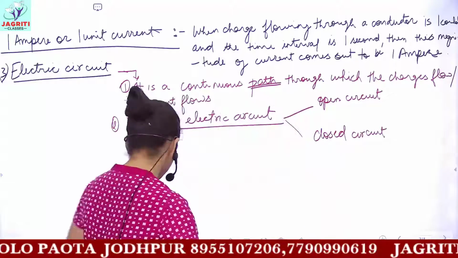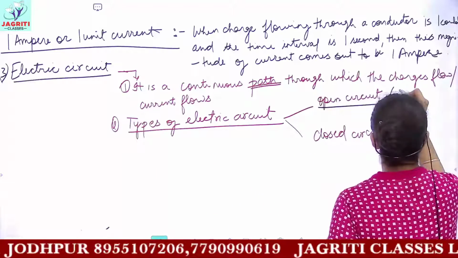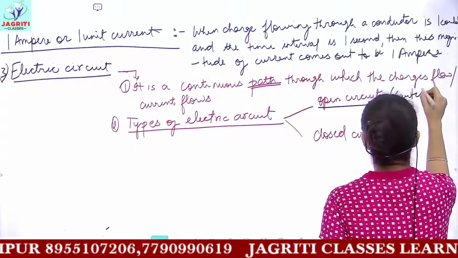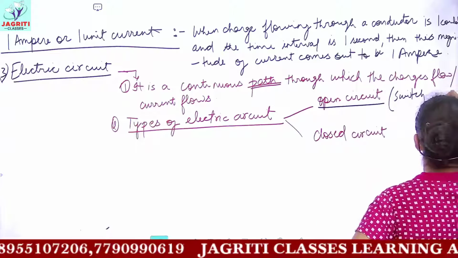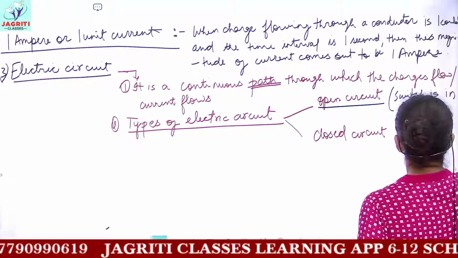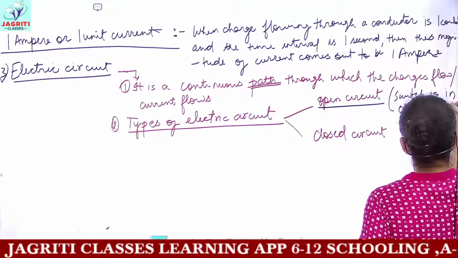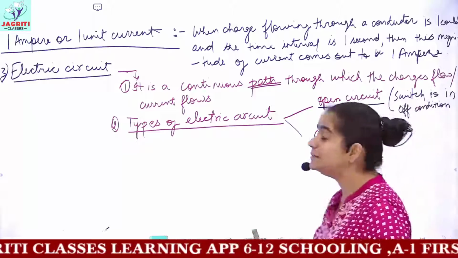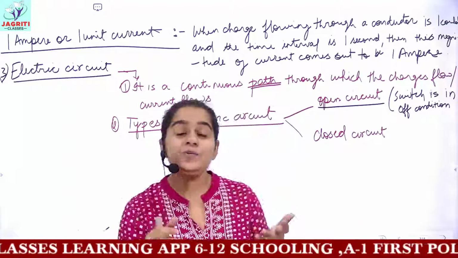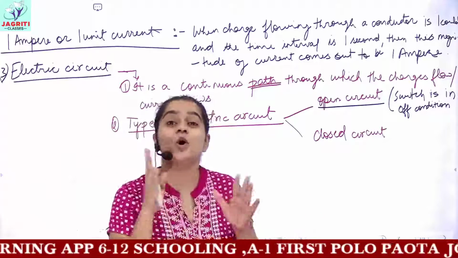Okay? So remember, in open circuit the condition is the switch you will be using in the circuit is in off condition. If the switch is off, that means the circuit is open, and when the circuit is open, no kind of current would flow through an open circuit.